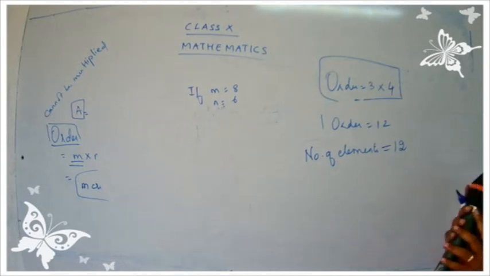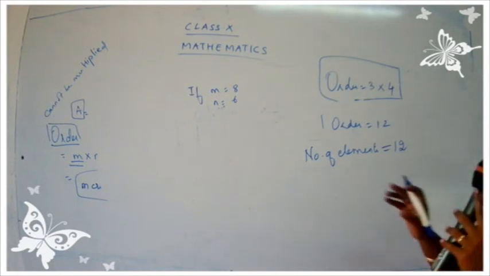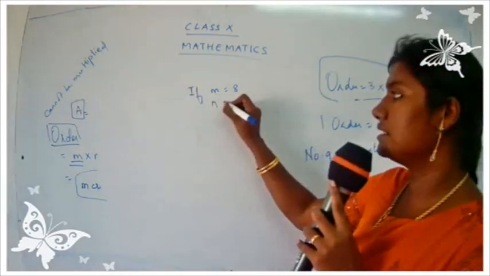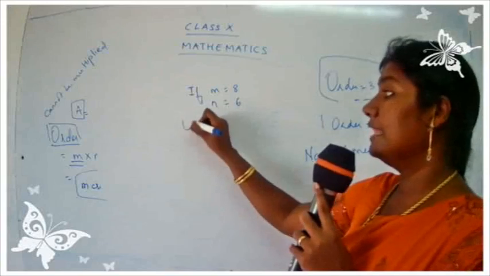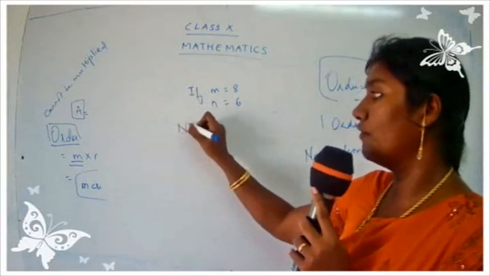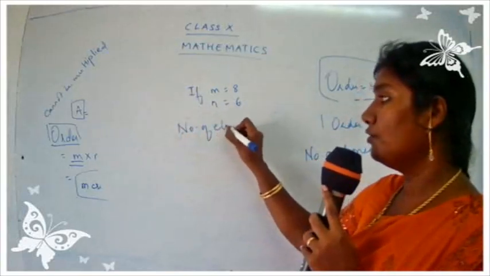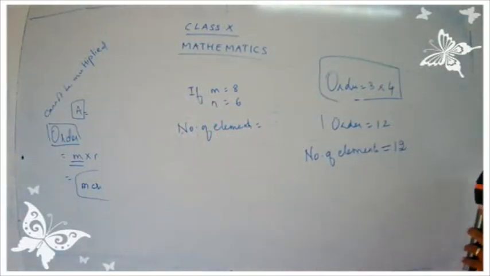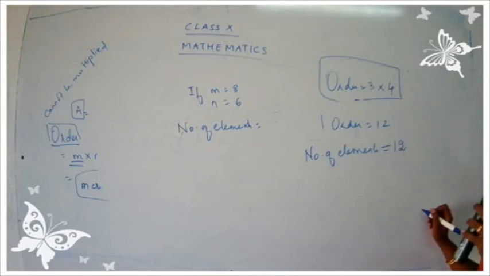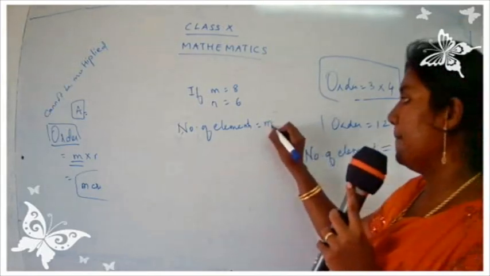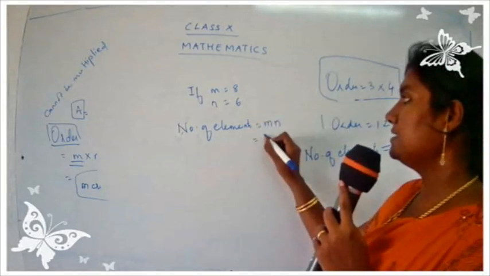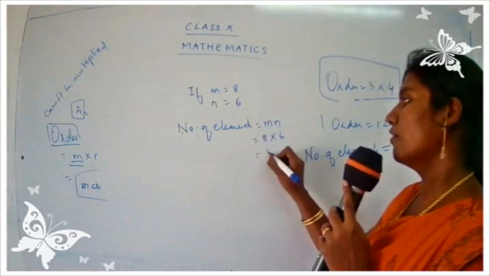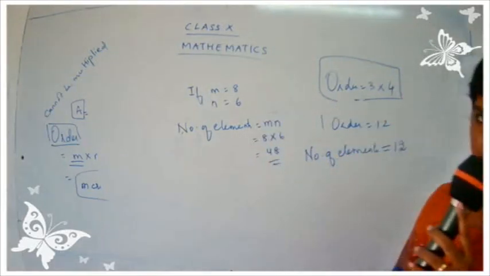If the number of rows is 8 and the number of columns is 6, then find out the number of elements. How are you going to find the number of elements, children? Yes, in this case, you are going to multiply mn. So, mn, that is 8 times 6. So, the total number of elements is 48.